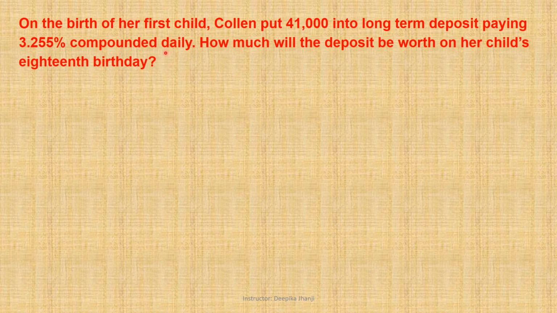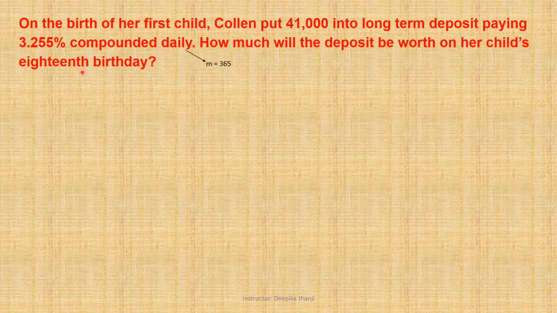Now the golden word here is daily, which means M is equal to 365. Colin put 41,000 into the long-term deposit at the birth. That means now. So 41,000 is the present value and we need to calculate the value of 41,000 after 18 years. So time is 18 years.